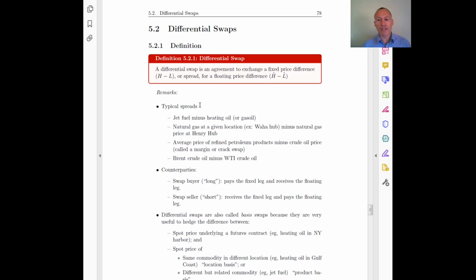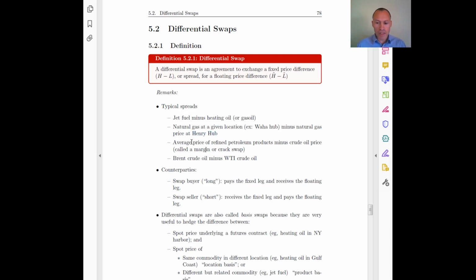So typical applications here are going to be the following. We are going to use these differential swaps for the following hedges. So we can do a swap on jet fuel minus heating oil, a differential swap on natural gas at a given location minus the natural gas at the reference location, like the delivery point of the futures contract.